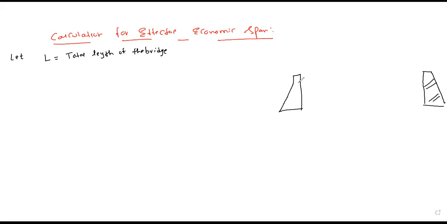So what are these two? These two are called abutments. And there will be piers. For each of these there will be a foundation.